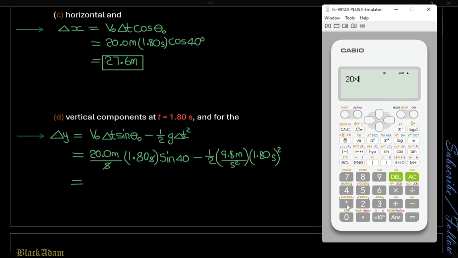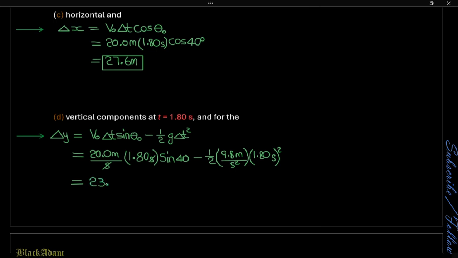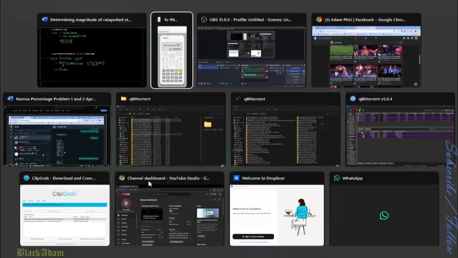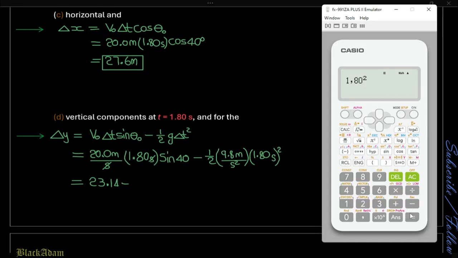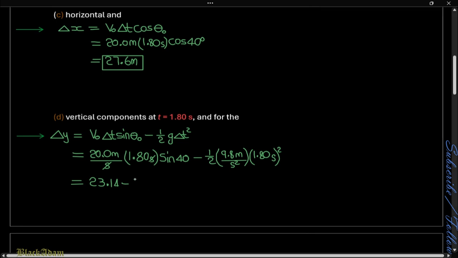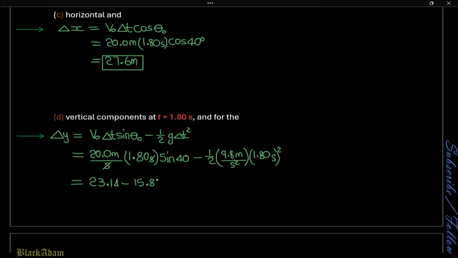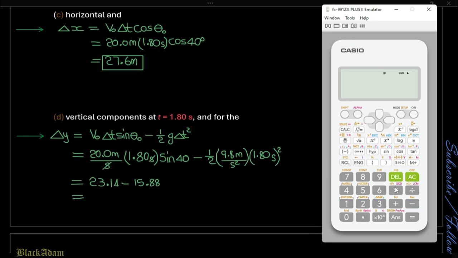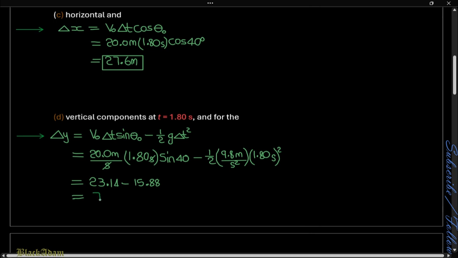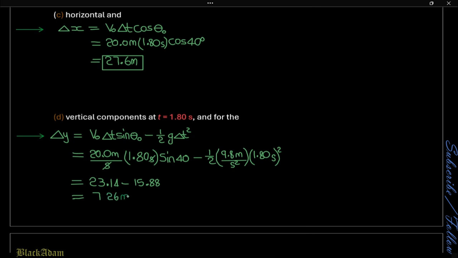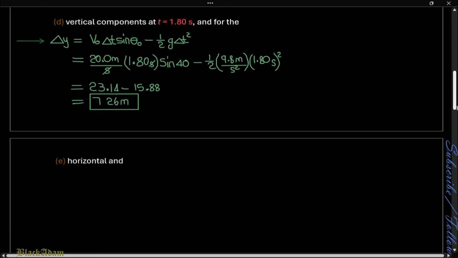The first part is 23.14, and the second part is 15.876, so 23.14 minus 15.88 gives us 7.26 meters. That's our answer.